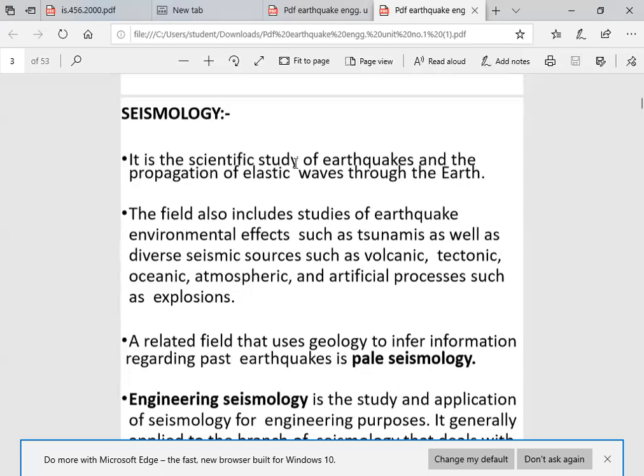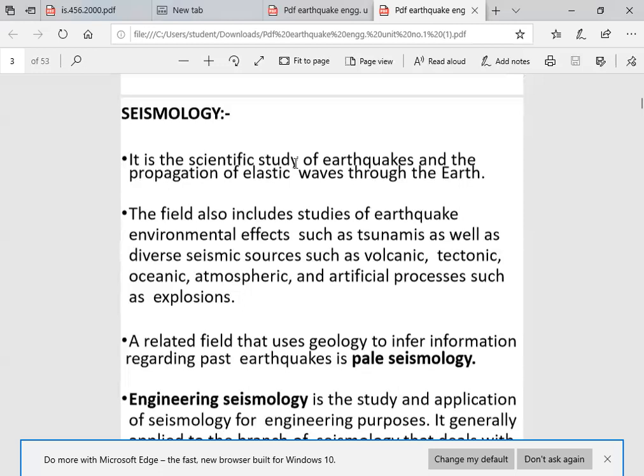What types of waves are there? There are two types of waves. One is the body wave and the second is the surface wave. Body waves are produced in the earth crust, in the body of the earth crust.